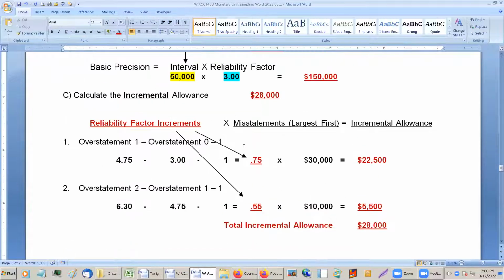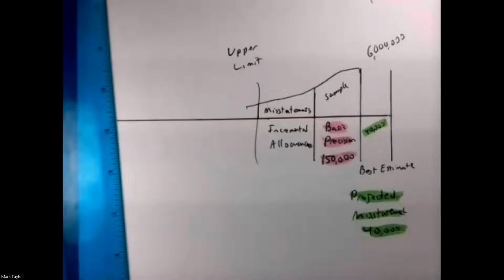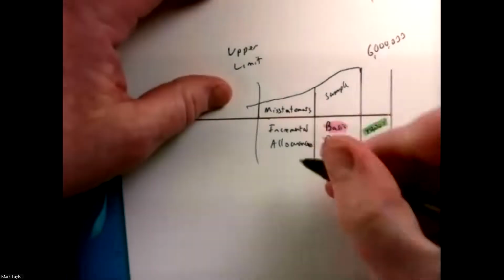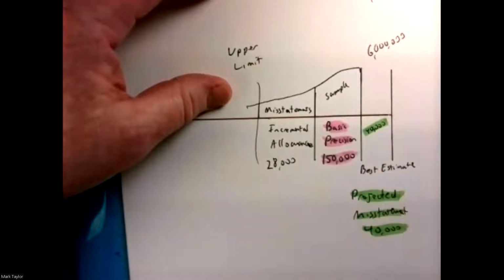Okay, so this would be the incremental allowance, 28,000. So this would look like this. So this would be 28,000.